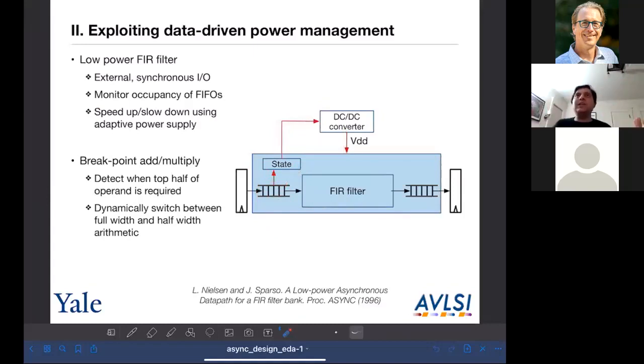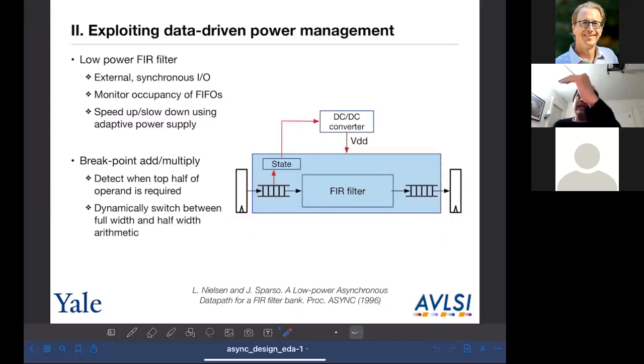Essentially they used VDD scaling to reduce the power consumption of this circuit in a data dependent manner, while maintaining a baseline throughput requirement. And this baseline throughput requirement was governed by an external circuit that was clocked, right?